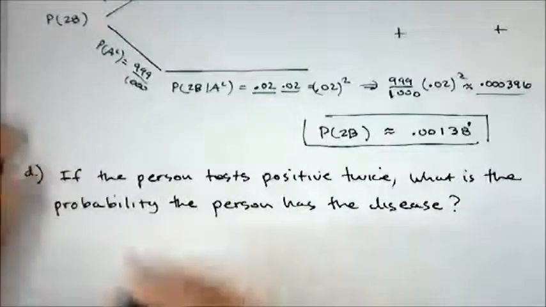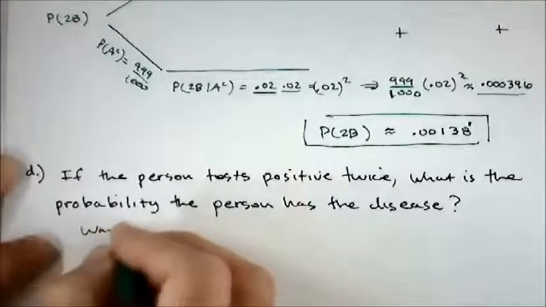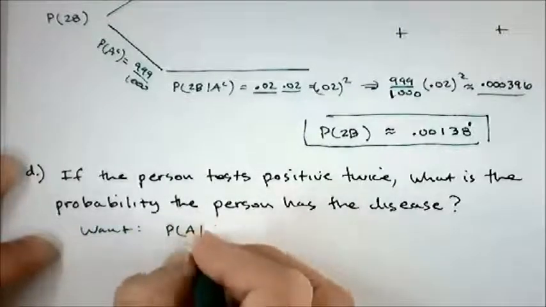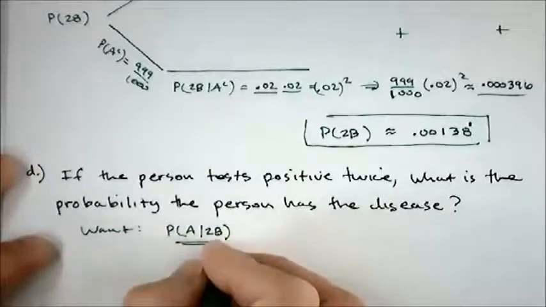But how we could write this out is, like we did last time, we could say, okay, we want the probability that they have the disease given that they tested positive twice. This is the probability that we want.